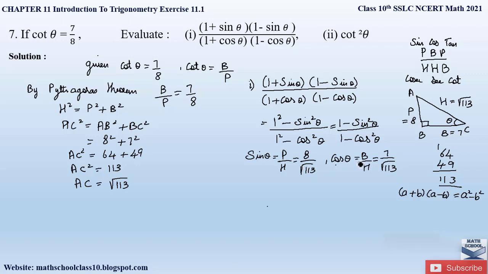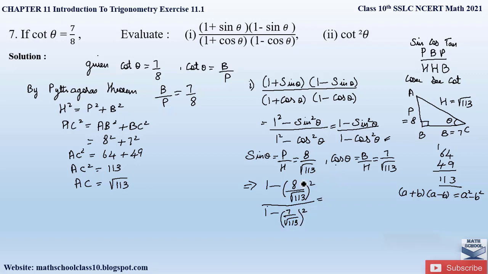Now we will substitute these values in this fraction, right? So it is given as 1 minus sine square theta. Sine square theta is what? 8 by root of 113, the whole square, divided by again 1 minus cos square theta. Cos theta value is 7 by root 113, so 7 by root of 113 the whole square.